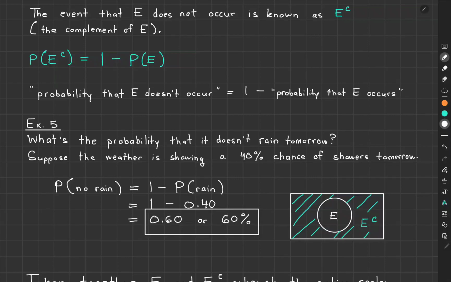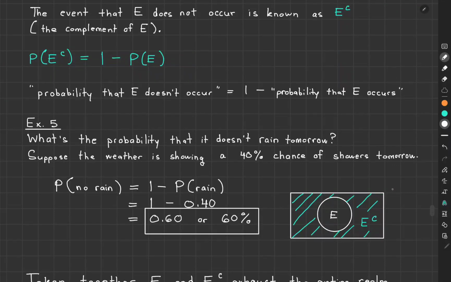As simple as that. So this is sort of a diagram of E and its complement. This entire box is your complete sample space. This is every possibility you can possibly have. And then E represents all of your favorable events or your favorable outcomes. E complement naturally is going to be everything outside of that. So it's the opposite of it.